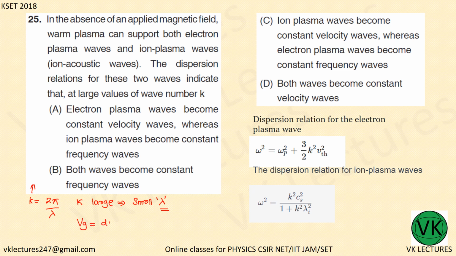Vg is equal to d omega by dk, and here are the dispersion relations for the electron plasma wave and for the ion plasma wave. Omega square equals omega p square plus 3 by 2 k square Vth square, where Vth is the electron thermal velocity.